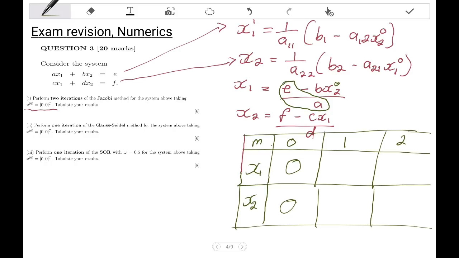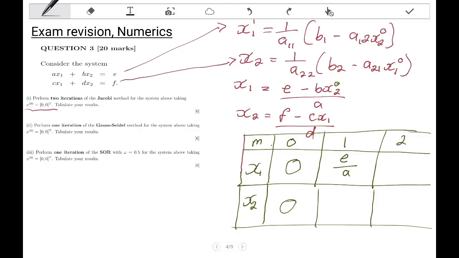So the x1 for the first iteration is going to be e over a. And then for x2, we are going to substitute our x1 here by 0. Then c multiplied by 0 is equal to 0, and you are going to be left with f over d.